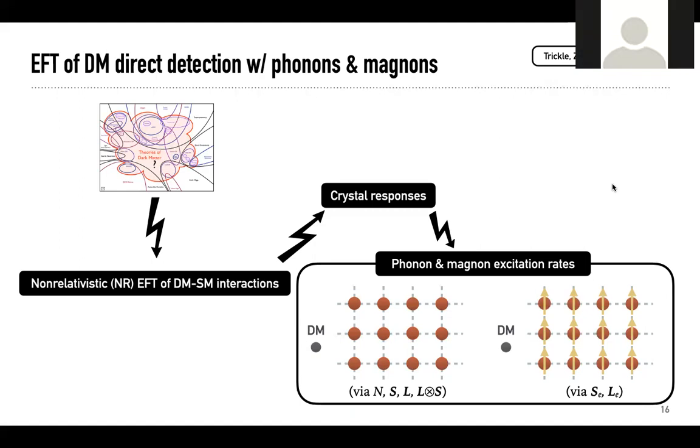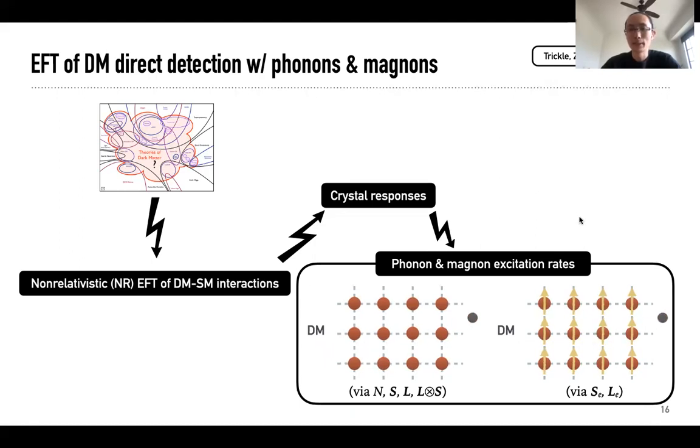For this exercise, the idea is that there are these brilliant proposals for detecting light dark matter using collective excitations, and also with small gap materials, that other people have studied.